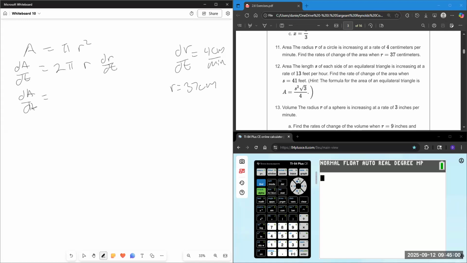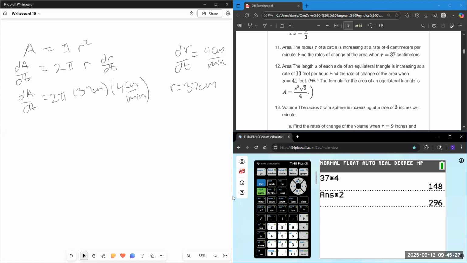I've got my calculator ready to help me with some of these messy calculations. The book is going to want to keep all of the answers in terms of pi, so unless told otherwise, do not round your answers. 37 times 4 is 148, times the 2 that's on the outside is 296.